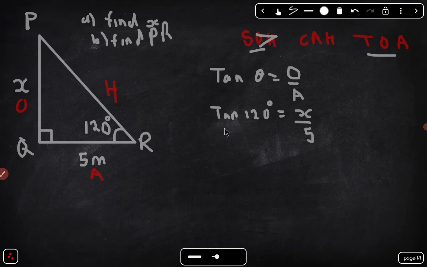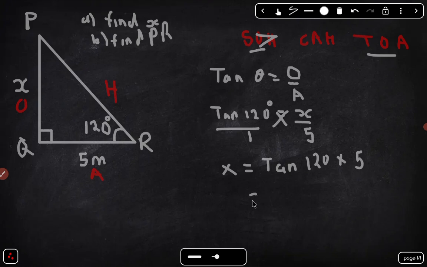So mathematically you put this over 1, then you cross multiply. This will give you x, you are finding it in meters, is equal to tan 120 multiplied by 5.